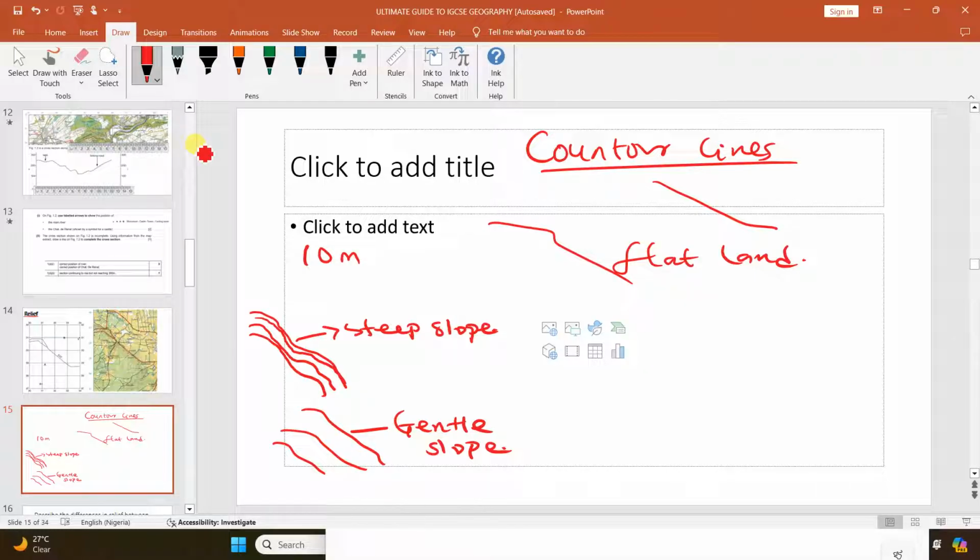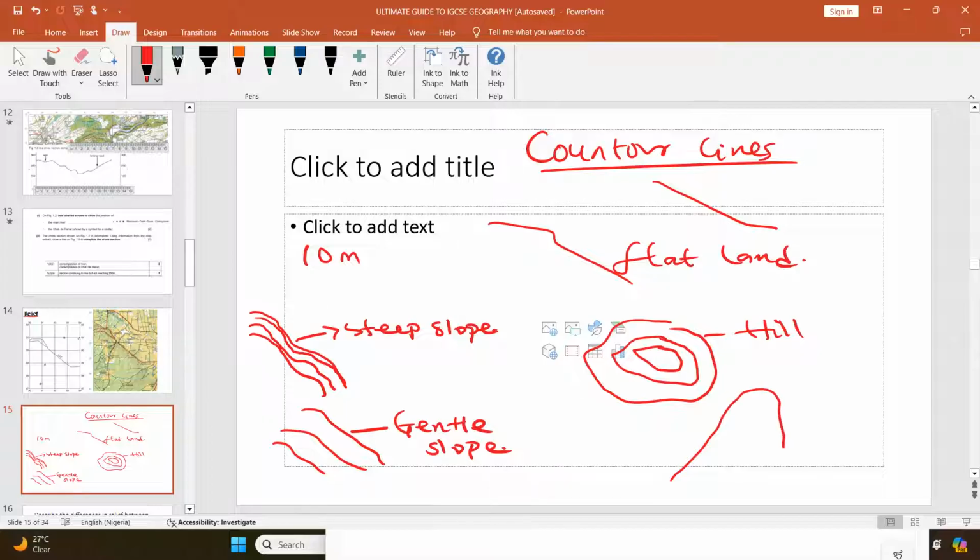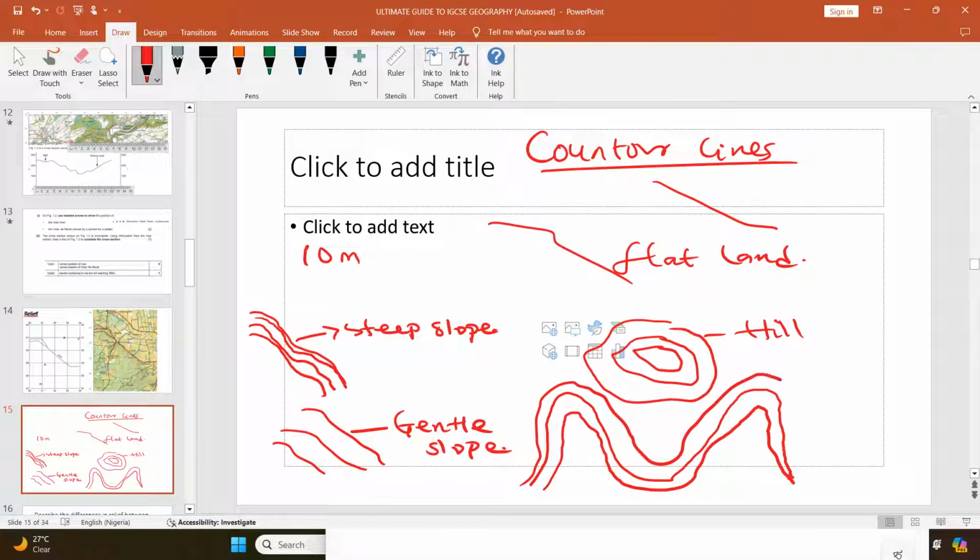Another major thing you need to know is, if you see a contour line that is quite circular to the top, this is referred to as a hill. Then if you see a contour line moving up and down on a map, there are two things this can represent.